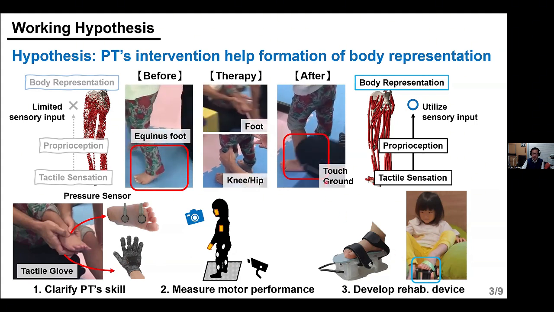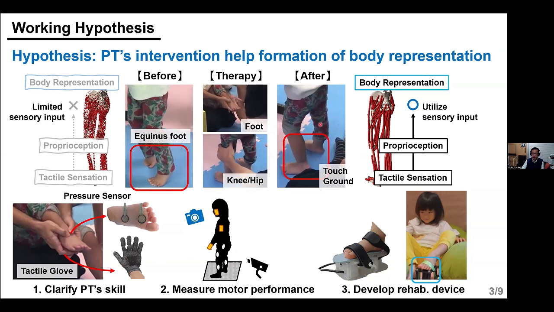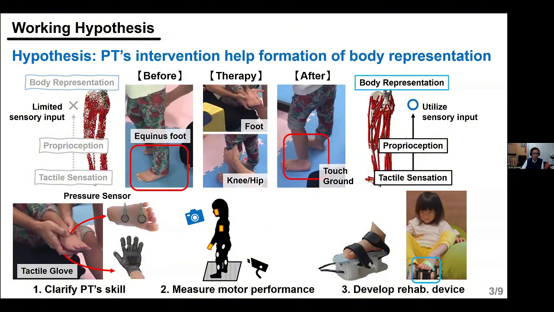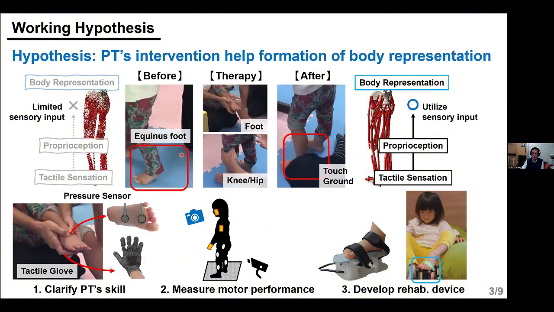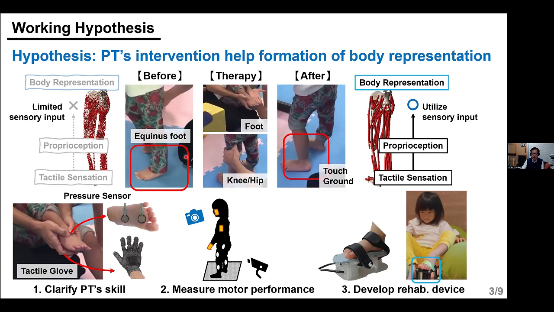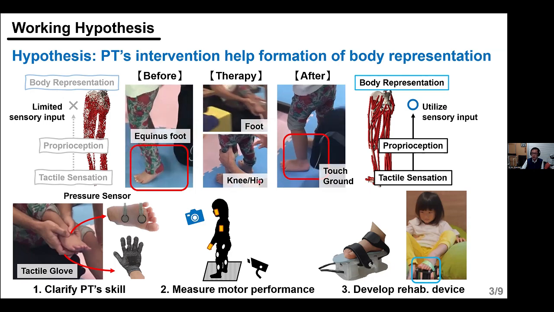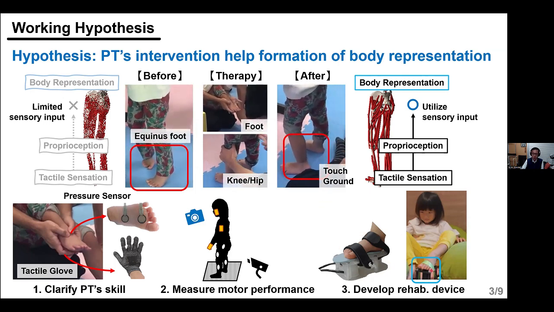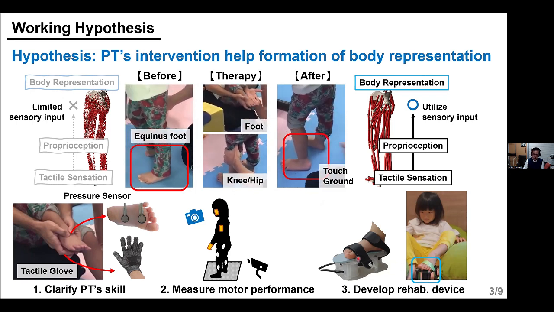You can see that her posture is stabilized in this right movie after the PT's intervention. However, after a few days, her posture returns to this right one. So continuous rehabilitation support is very important for these children, and we aim to develop a device which could be used at home to receive rehabilitation as the PT does.